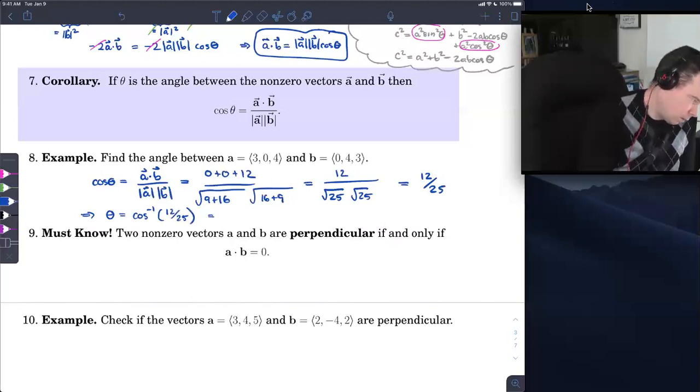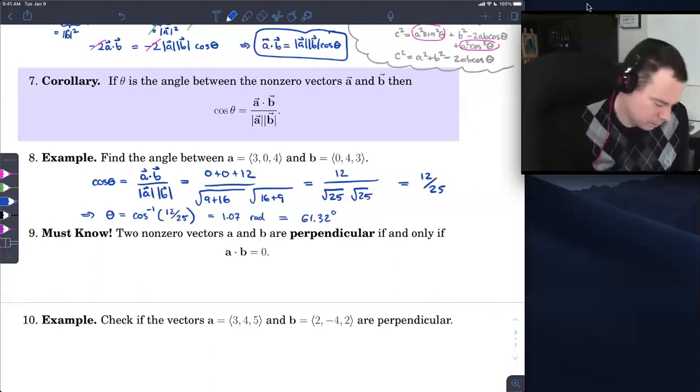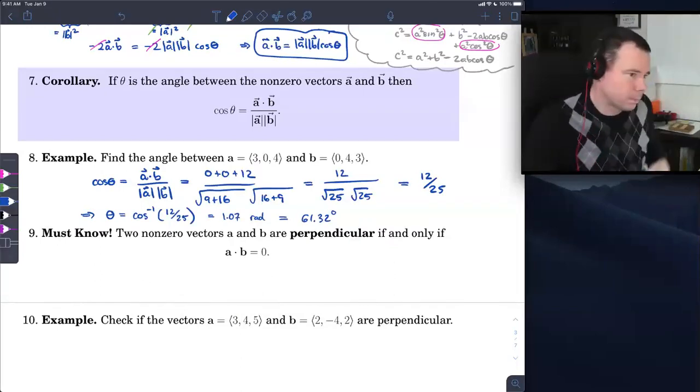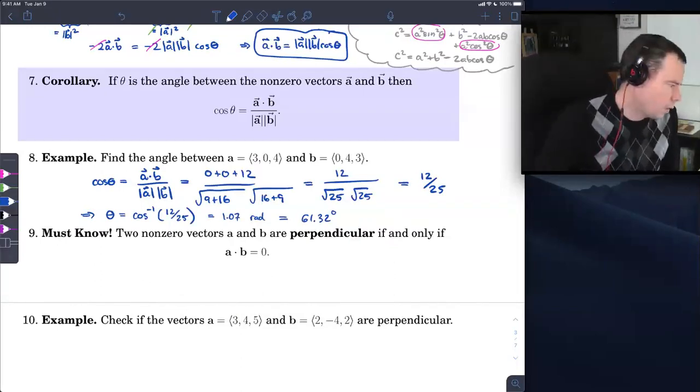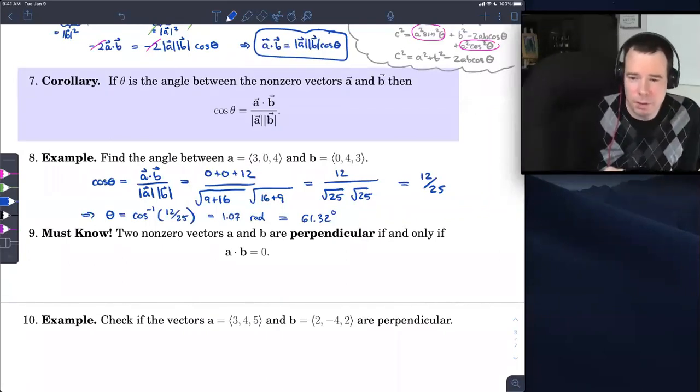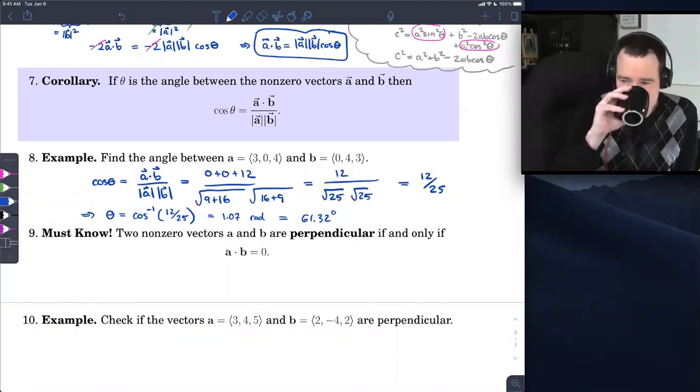And this is about 1.07 radians, which is about 61.32 degrees. Okay, so that's how we effectively use the dot product to compute the angle between two vectors.